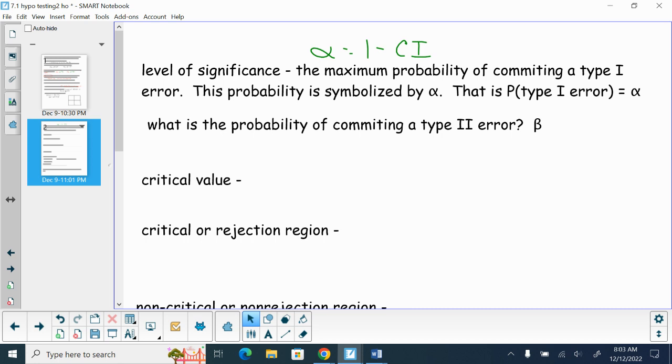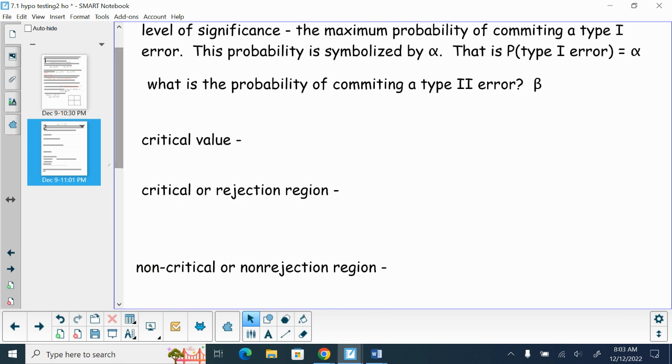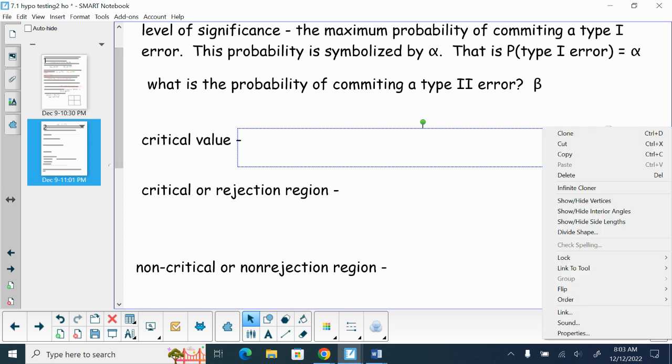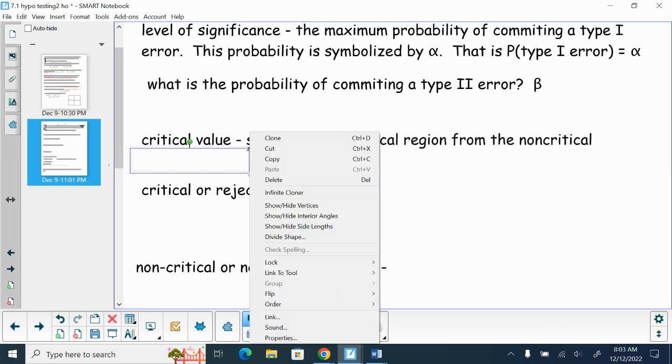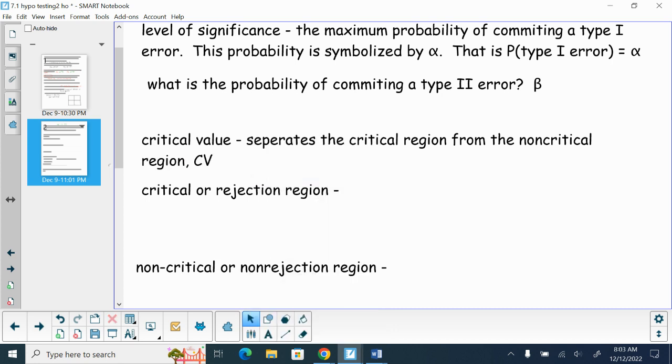You'll be given a level of significance, and that's what you'll be testing in every problem. Critical values. This is what you'll be using your t-table for, to find critical values. They separate the critical region from the non-critical region.